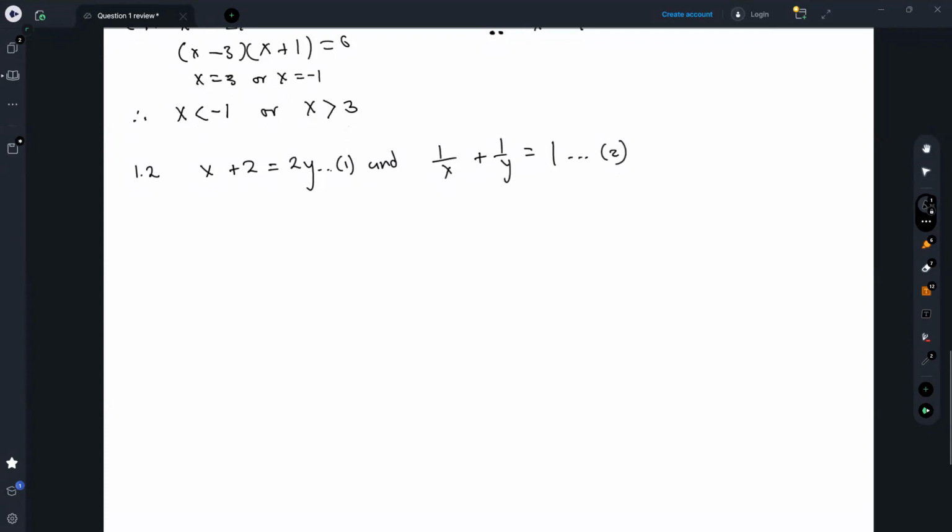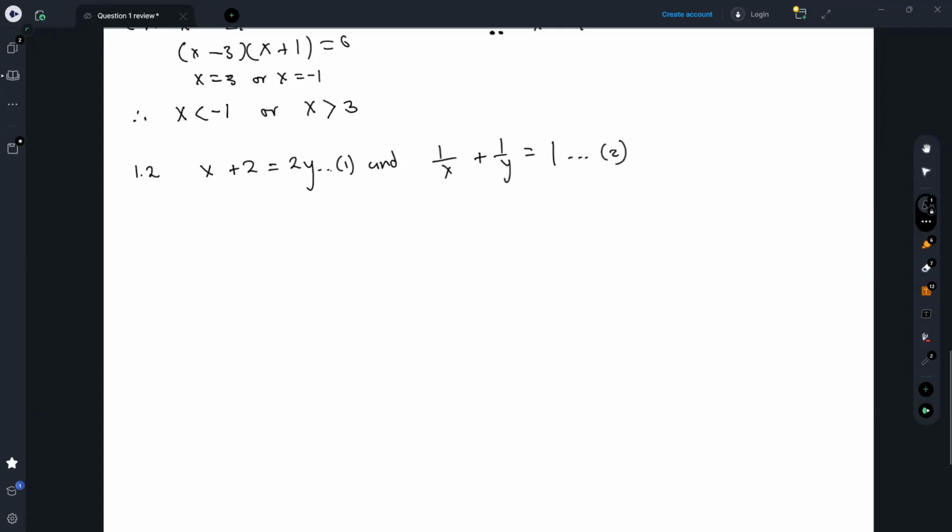Between these 2, what we are going to do is take the simplest equation and form equation 3. Equation 3 will always be in the form of x is equal to, meaning that we're going to be making x subject of the formula, or we'll be making y subject of the formula. Between the two, you take the simplest and you make either x or y subject of the formula, depending on which variable is easy to make subject.